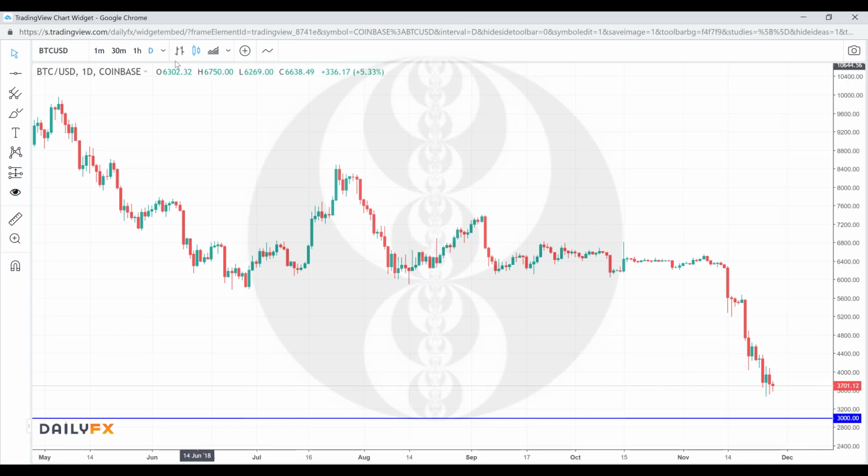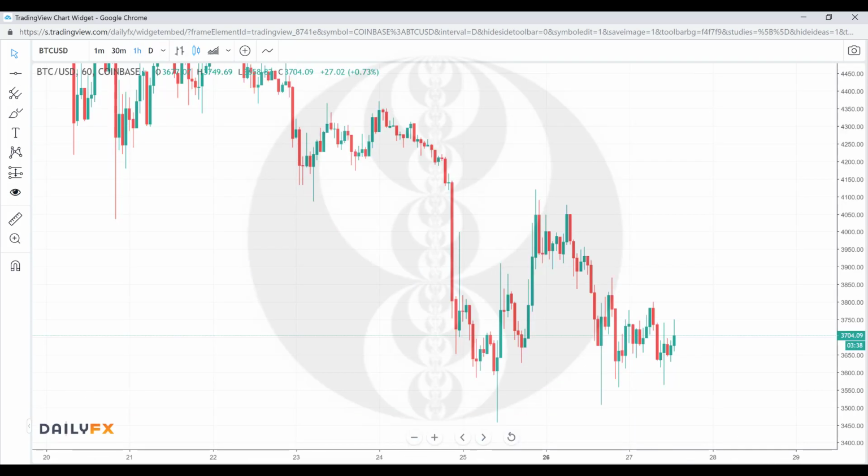If we go down to an hourly chart, the 60-minute chart of Bitcoin, price had a nice little pop off of the low in here, came up. We ran a short-term high here, and we ran a short-term high right there. My interpretation of that is anyone that was short and aggressively trailing their stop losses lower to protect open profits, that's where their stop loss is, and they ran that.